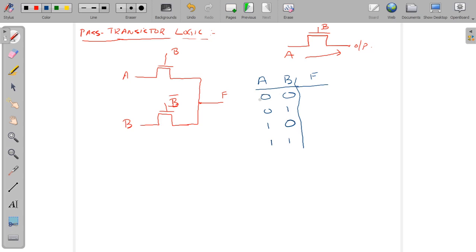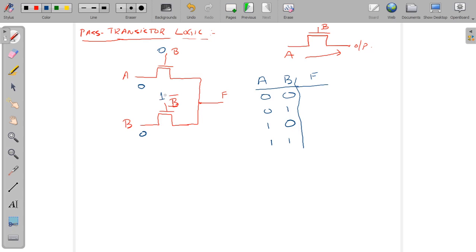Let's say when A and B both are 0, so B is 0, and B bar means it gets inverted, so a 1 comes here.